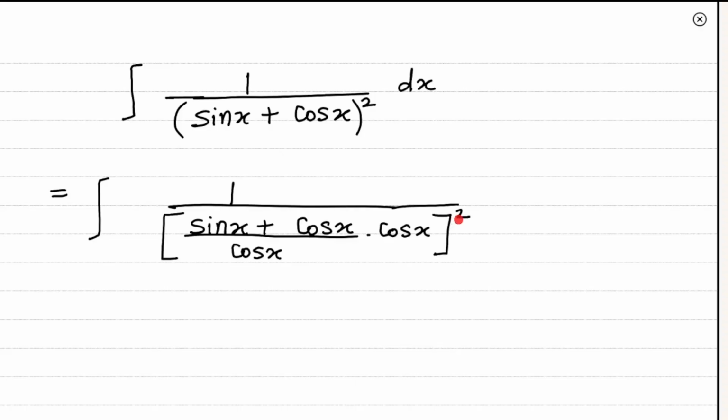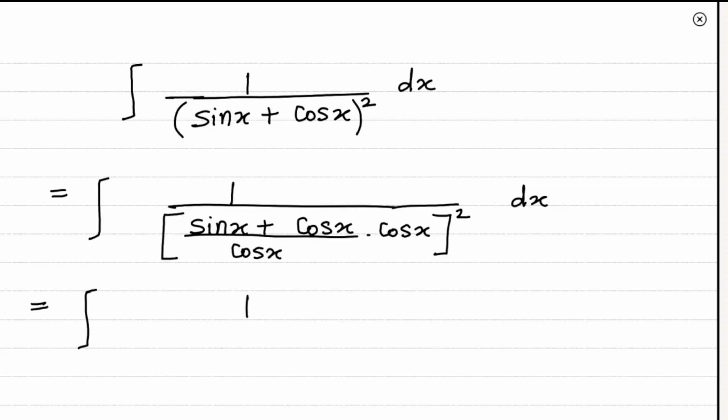So essentially inside of that whole square, I'm just multiplying and dividing by a cosine. And why am I doing that? I'm doing that in order to convert that function in terms of sine and cos to tangent or tan. Now, in order to generate a tan term, you split that cos in both of those terms. You give that cos to this sine and this cos over here. And let's see what we get.